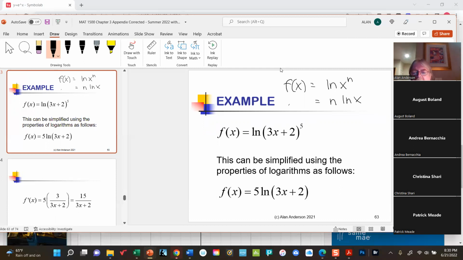Now we're good because here we just simply have a constant, and then we can apply the rule we had before. The derivative of log of g of x can be used very simply right here.